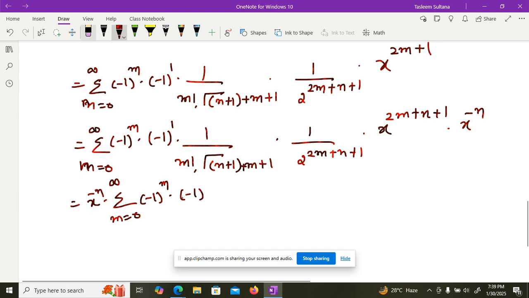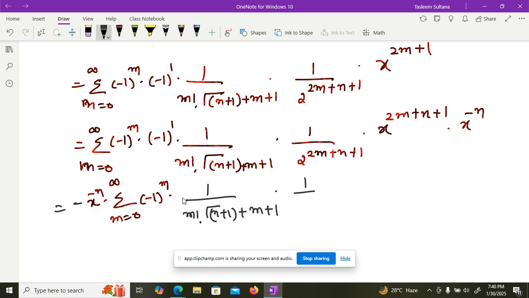This also we can write out. Minus 1 divided by m factorial gamma of n plus 1 plus m plus 1, 1 divided by 2 to the power of, this also I can write combined, x by 2 to the power of 2m plus n plus 1.